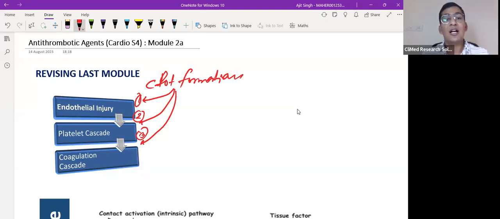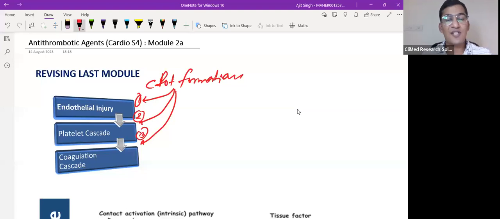After that, alongside, there is another cascade, which is the coagulation cascade. We started it with a few factors, but we did not go much into the clotting factors or the coagulation cascade completely.